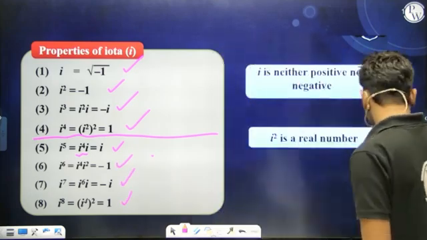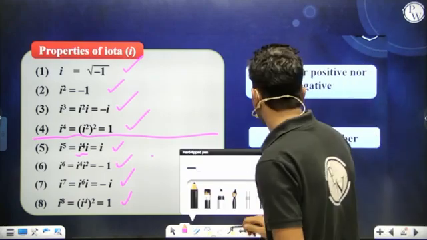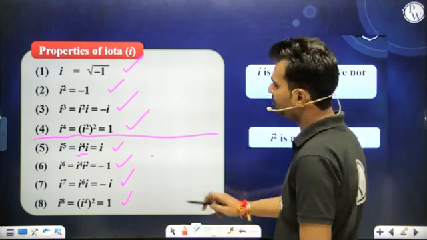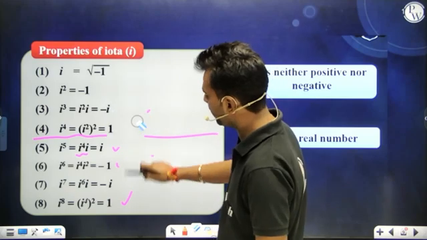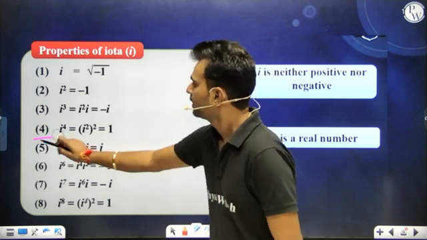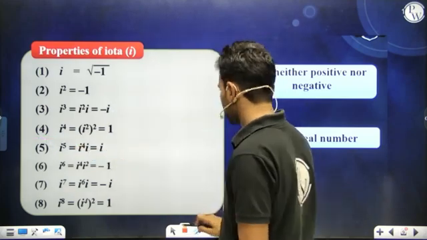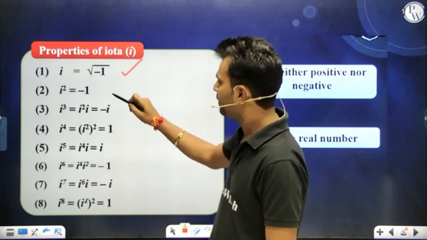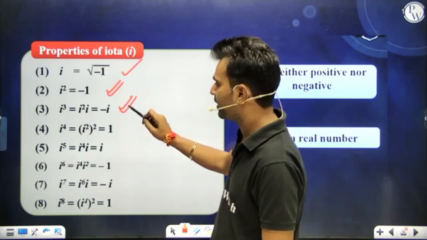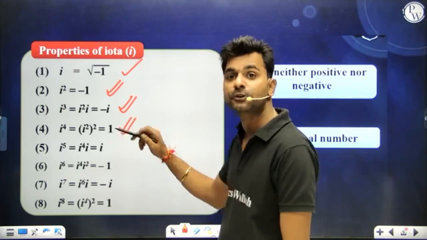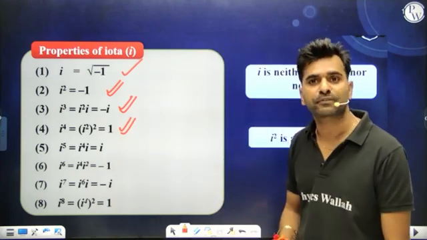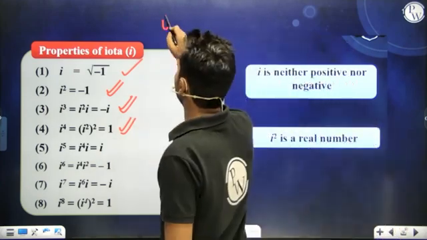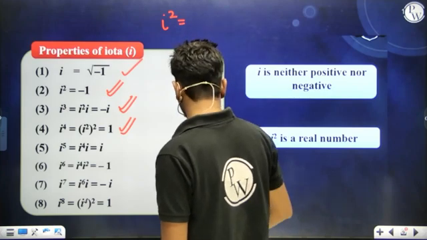Now, you must know that over here cycles are formed. I will come on to that, but before that, let me tell you that over here you can see this is an imaginary number, this is a real number, this is an imaginary number, this is a real number. So iota to the power 2, iota to the power 4, iota to the power 6, iota to the power 8 and so on, these terms are going to be real numbers.